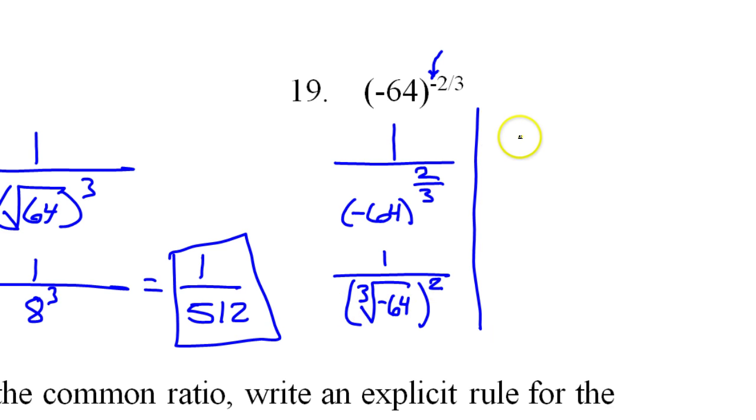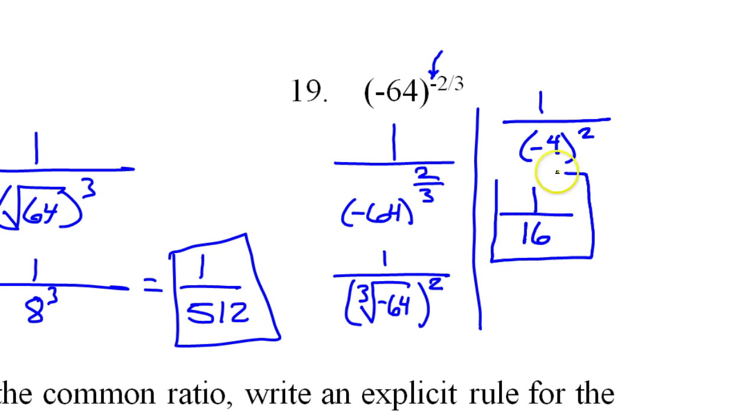So anyway, picking up over here, I've got 1 over, so the cube root of negative 64 was negative 4. And then we're supposed to square that. Well, if you raise a negative number to an even power, it turns into a positive. So this is going to be positive 16. So the final answer is positive 1/16.